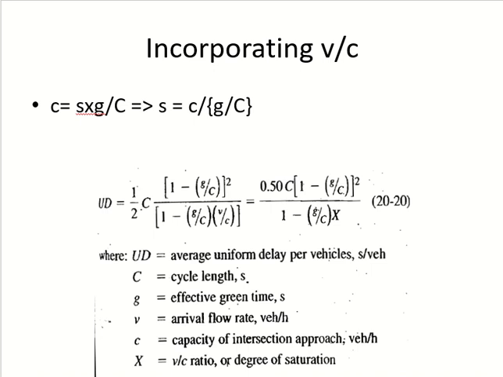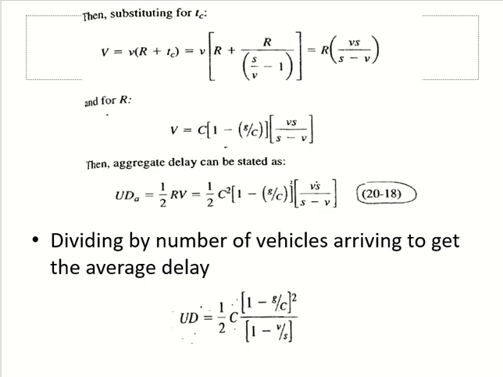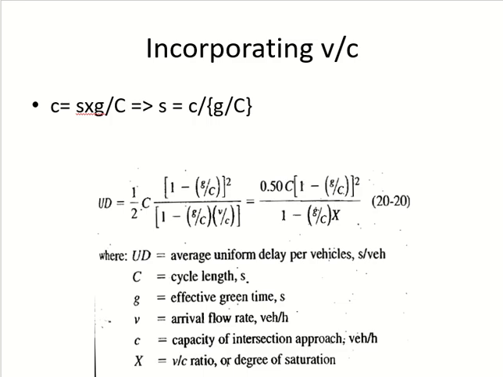Anyways, in the equation we had V upon S. I am trying to replace S with capacity. So capacity equals S into g by C, then S equals capacity upon g by C. It was V by S here; now I put this in and it becomes this. Clear?